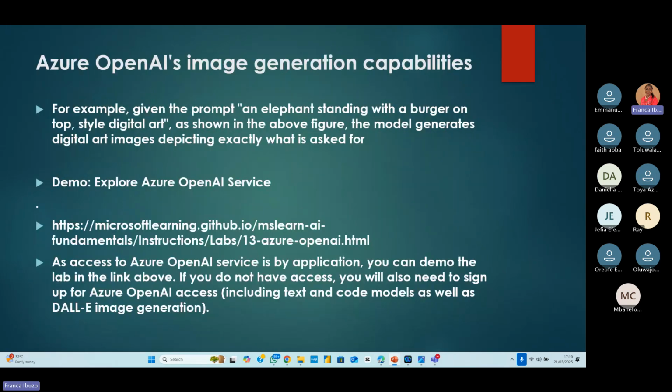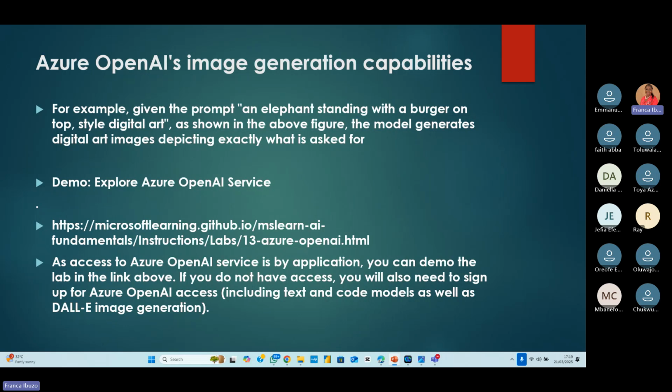That's GitHub Copilot. Okay, and we looked at the image generation capabilities. For example, given the prompt, an elephant standing with a burger on the top, style digital art, as shown in the diagram I showed you earlier, the model generates digital art images depicting exactly what is asked for.